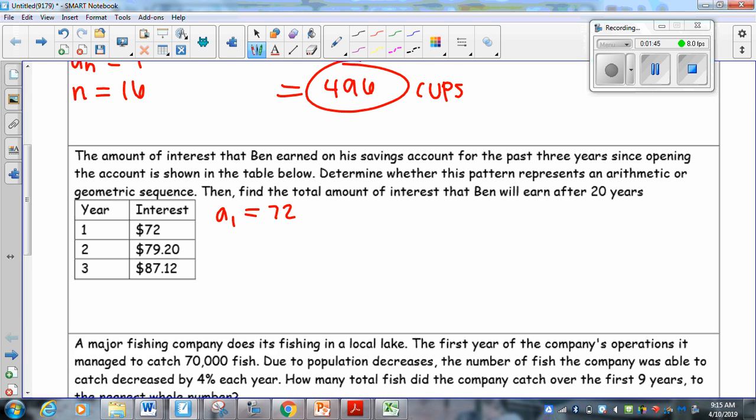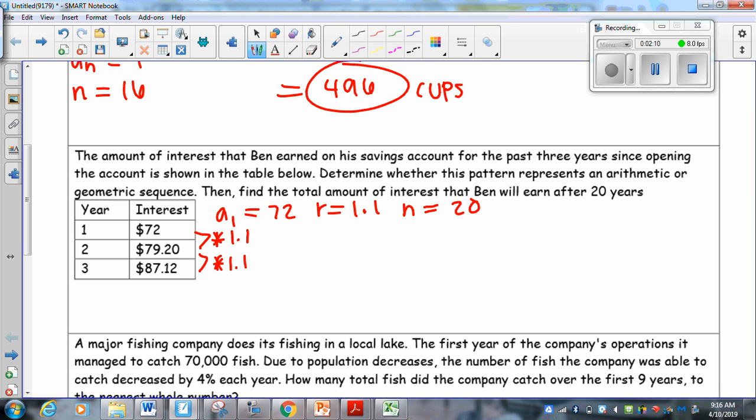So when we do some calculations here, we're not adding the same thing, but we're multiplying by 1.1 each time. So that means that R is 1.1. Now we want to know how much Ben will earn after 20 years, so N is 20.